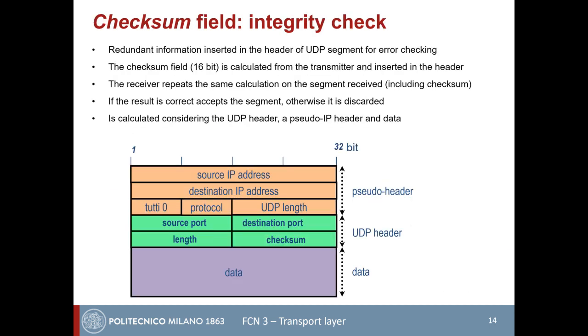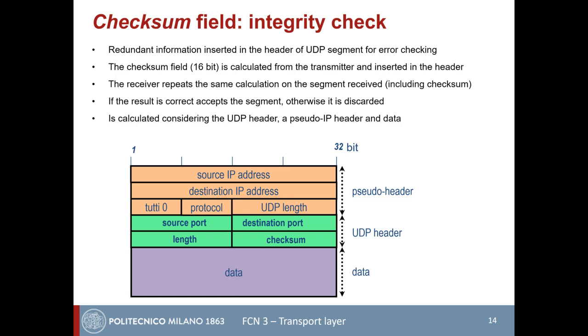The checksum is optional, and it is carried out in a very particular way. Here you see the UDP segment that starts with the green fields, and then you have the header and the data. The fields represented on the top in brown don't belong to the UDP segment.